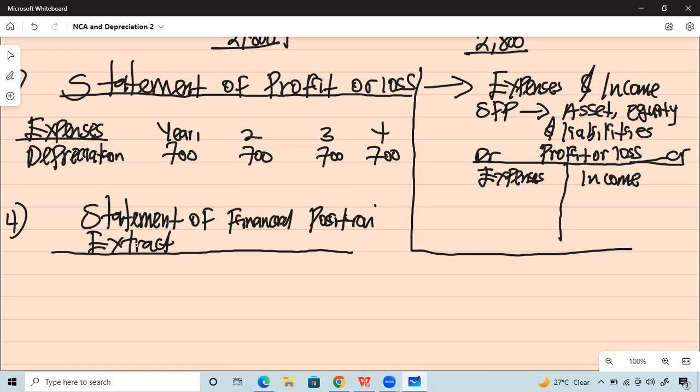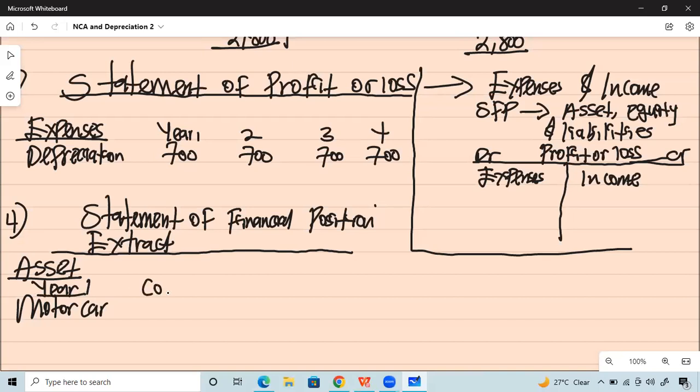So you are not going to say something like this. You say your asset, then the motor car. This will be year one.